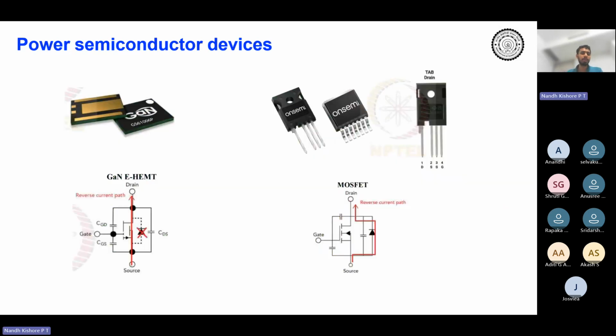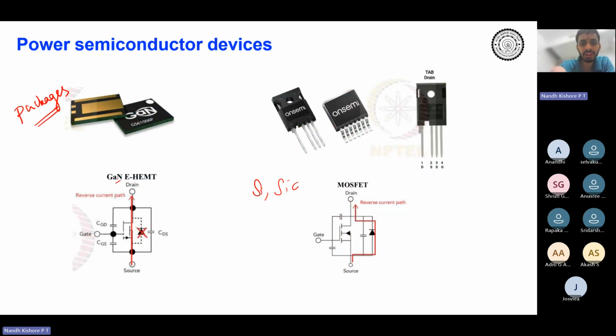Okay. And coming into power semiconductor devices, for power electronics, you have devices based on silicon, silicon carbide, and gallium nitride. Okay. And they come in different packages. So these are known as packages.